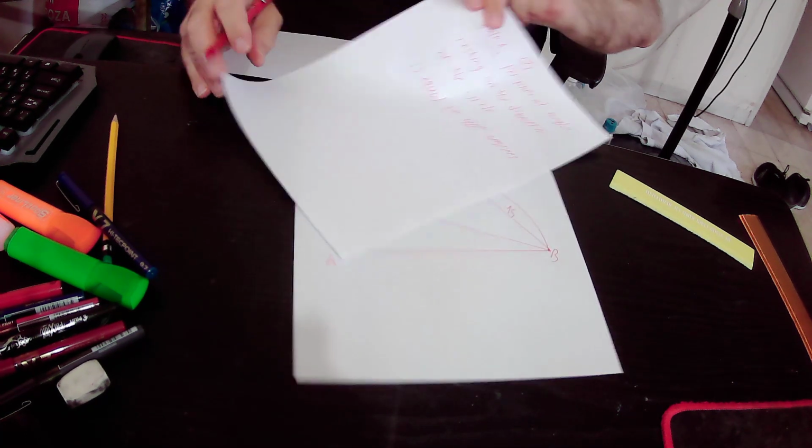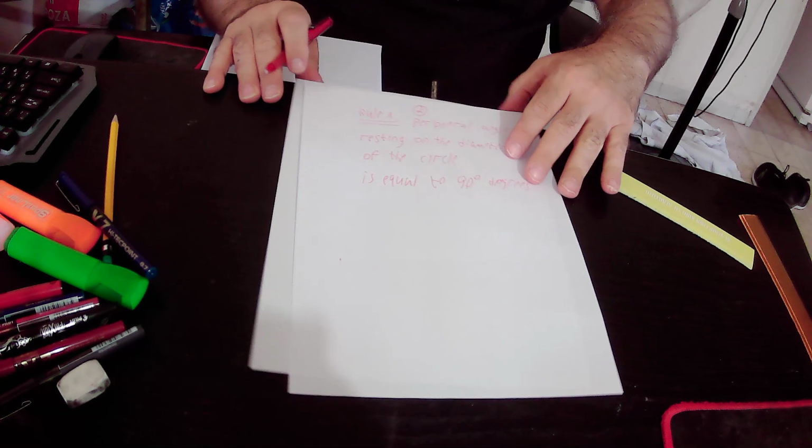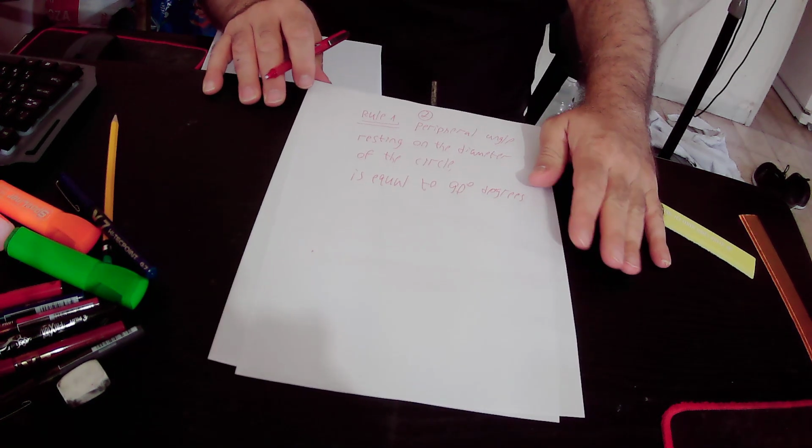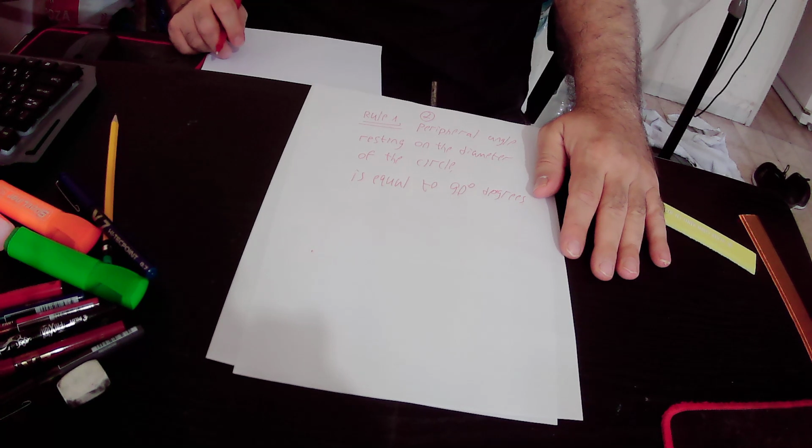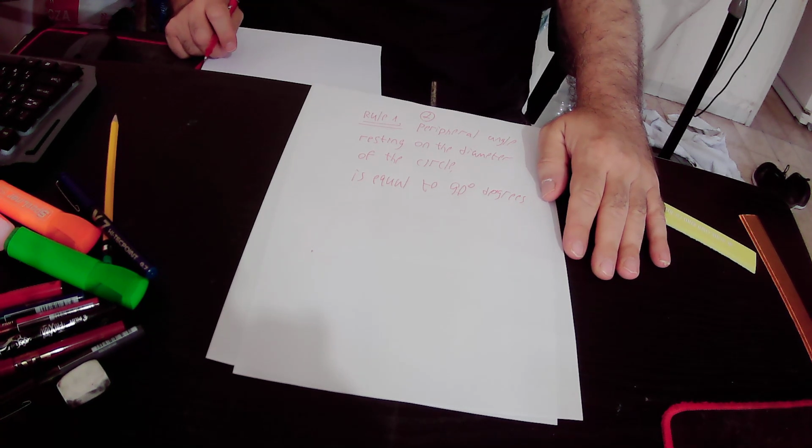I will read rule number 1 again. Rule number 1 states that peripheral angle resting on the diameter of the circle, it can be circle or semicircle, is equal to 90 degrees.